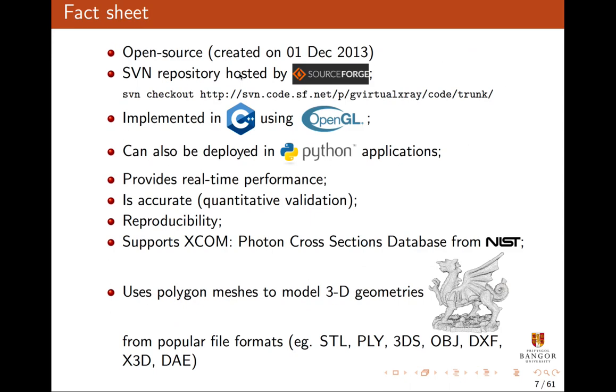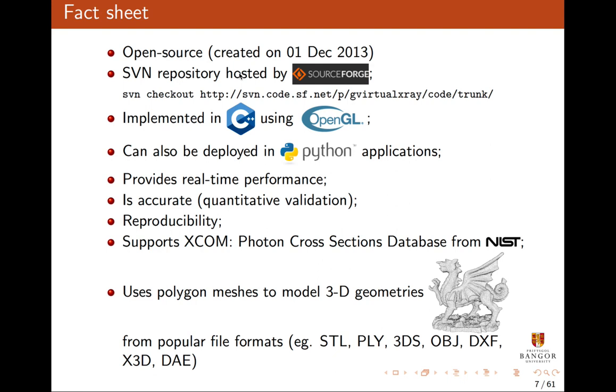This is fully open source, hosted on SourceForge using an SVN server. It's implemented in C++ using OpenGL. For this conference, I started to rewrite the code so that it could be used in Python. So there is a Python plugin now. It performs very well, providing real-time performance, and we try to do some quantitative validation to show that this is accurate.